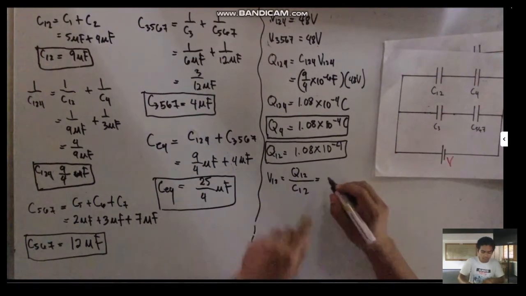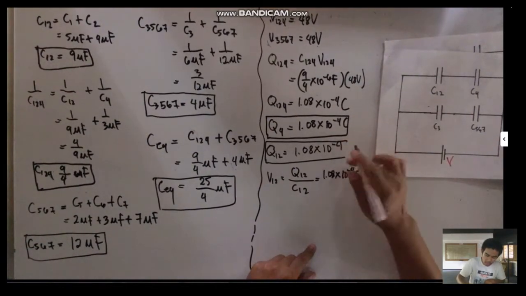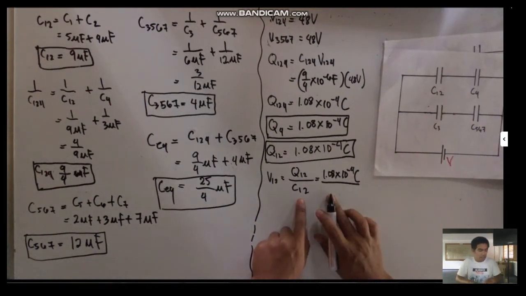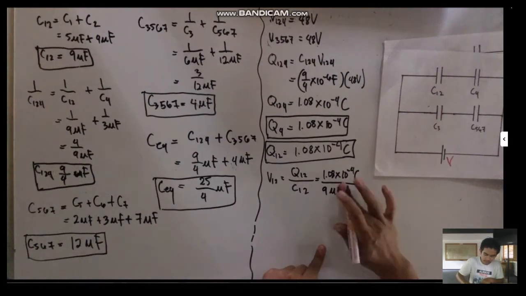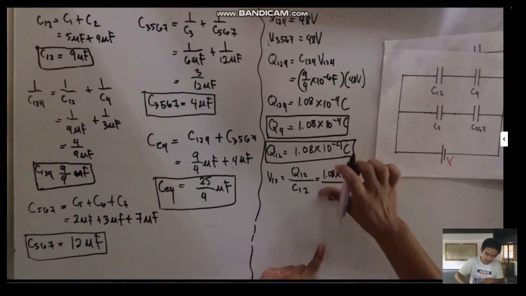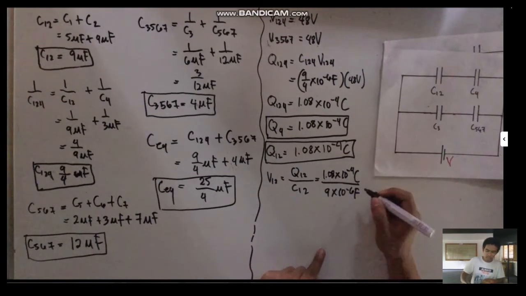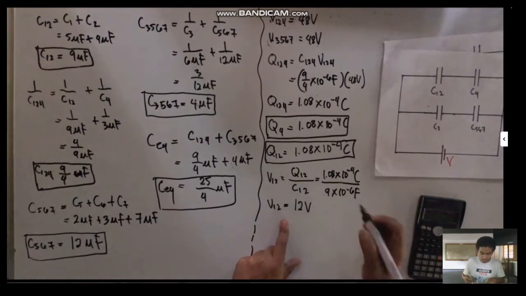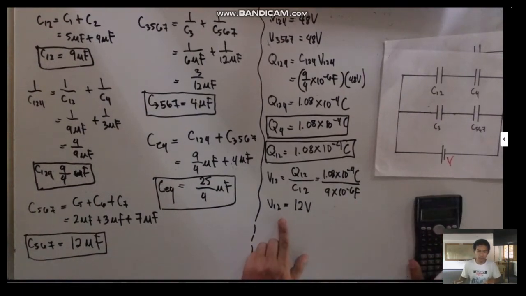What is Q12? 1.08 times 10 to negative 4 coulomb, divided by C12, which is 9 microfarad, or 9 times 10 to the negative 6 farad. V12 equals 12 volts. V12 is 12 volts.